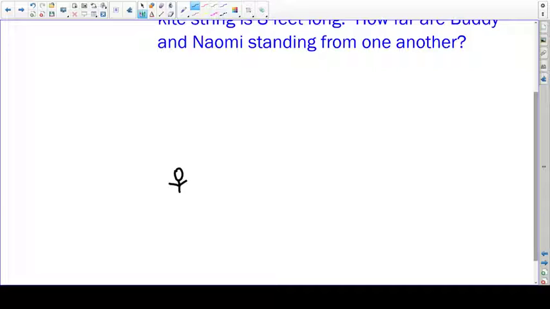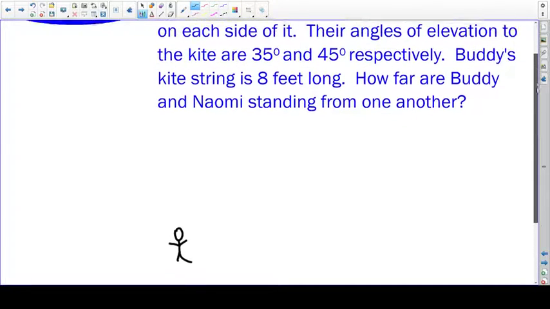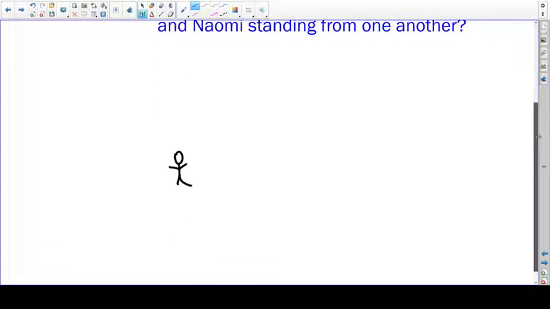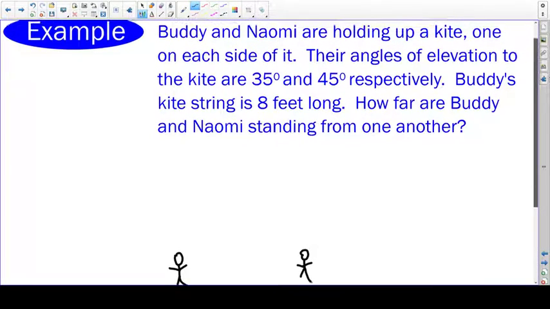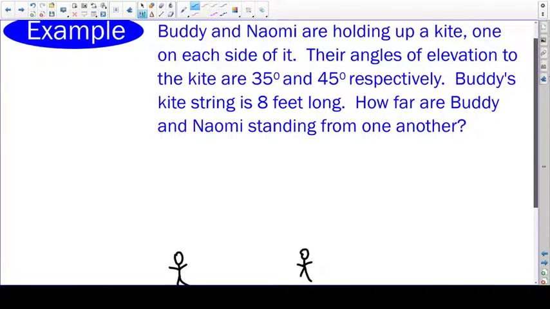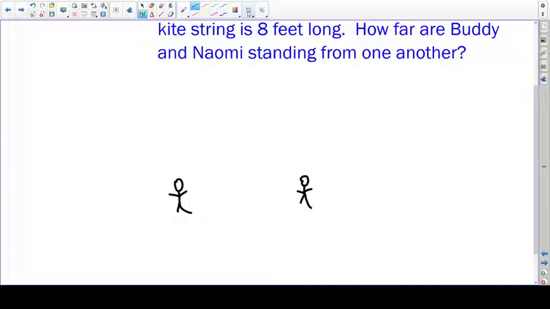Here is Buddy. Okay? Here is Naomi. Now, what we know is that we've got a kite up here, and we got same thing here.